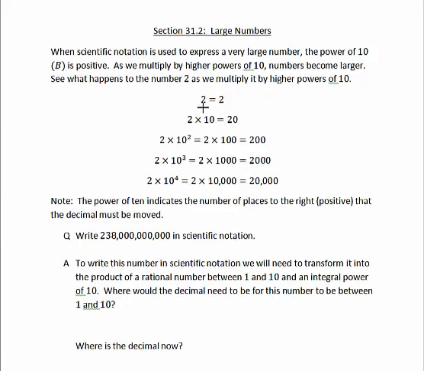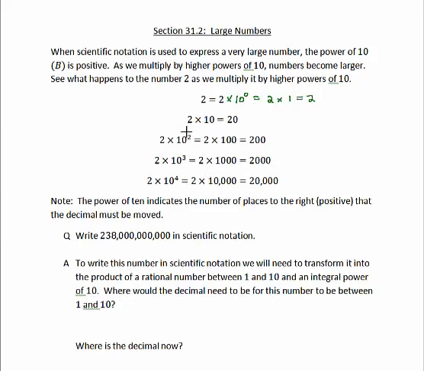In the first case, you could look at this as 2 times 10 to the 0 power, which is the same thing as saying 2 times 1, which is still just 2. Anything raised to the 0 power is 1. And we could write any singular integer in this fashion, times 10 to the 0.